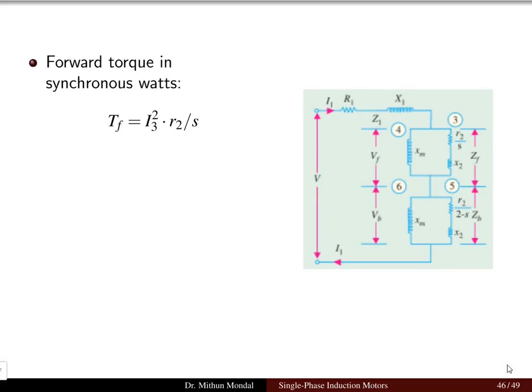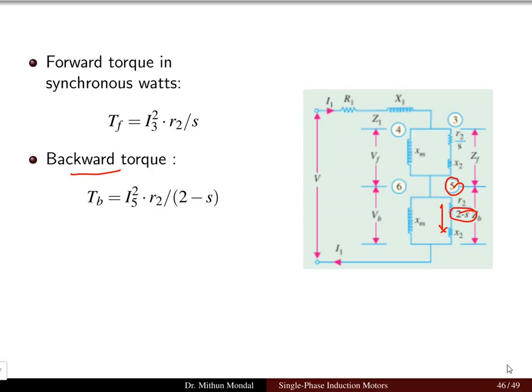Now, if we are computing the forward torque in synchronous watts, then we have the current which is flowing in the third branch. So we can write I3 squared into R2 by s. We have taken R2 by s because it is the forward torque. If we are computing the backward torque, then the current is flowing in the fifth branch, and here the slip is 2 minus s.